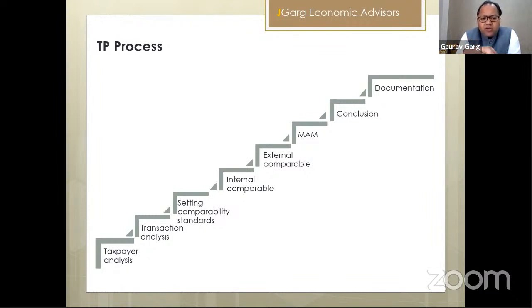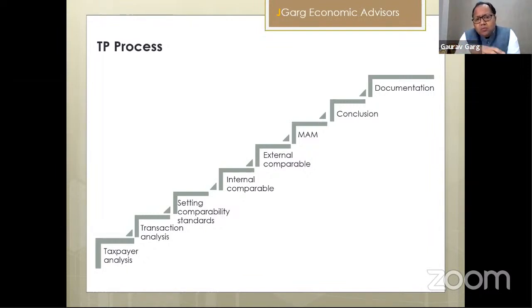That's what we try to broadly understand in the first step. After the first step, one is clear: this is what my taxpayer is doing, this is what the group is doing, and this is how my taxpayer is contributing to the group.